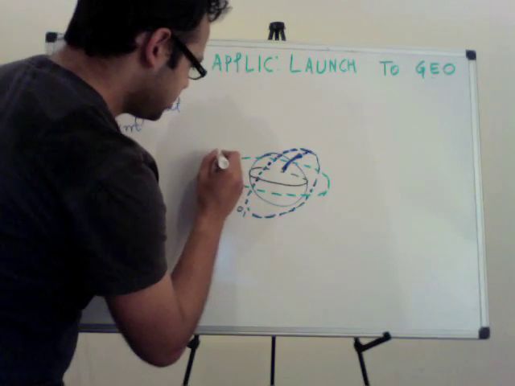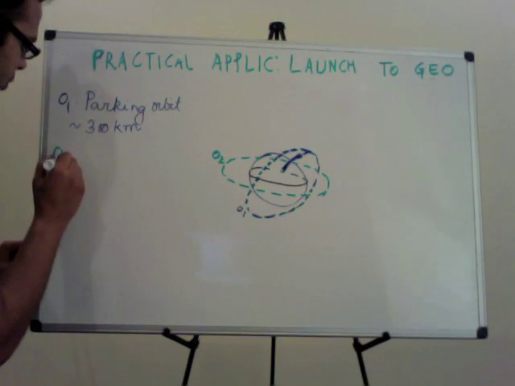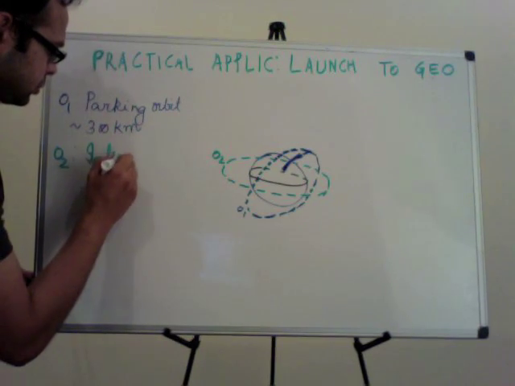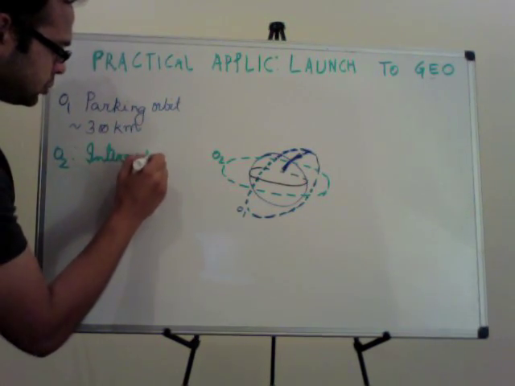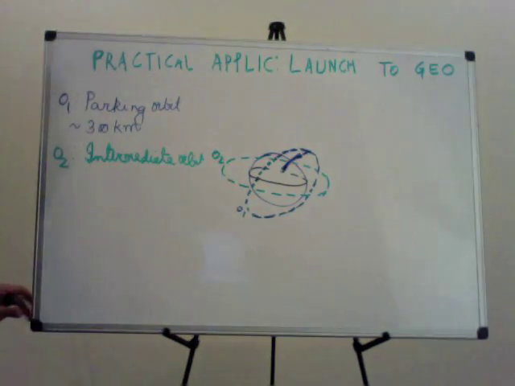So what is O2? O2 is an intermediate orbit, and it is also circular. We are dealing with only circular orbits here.